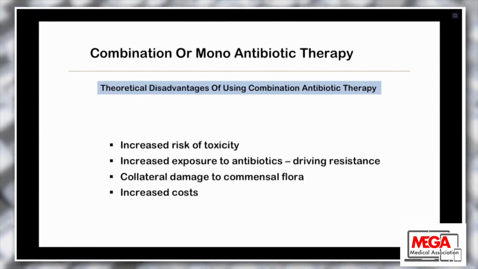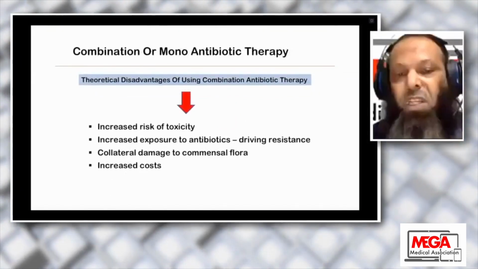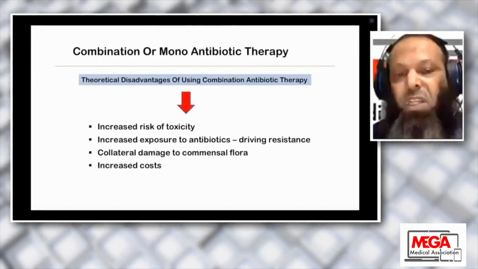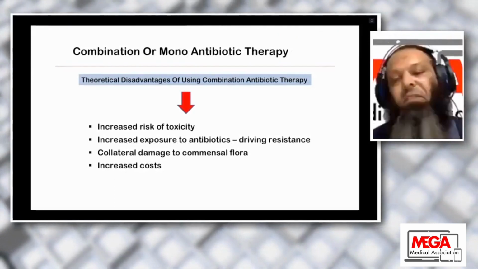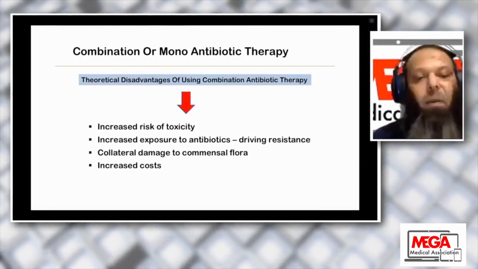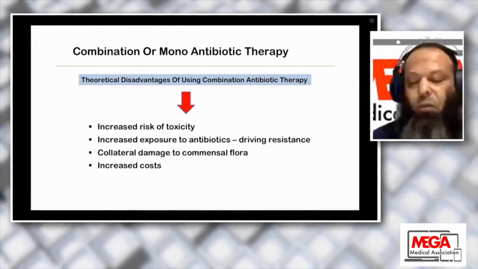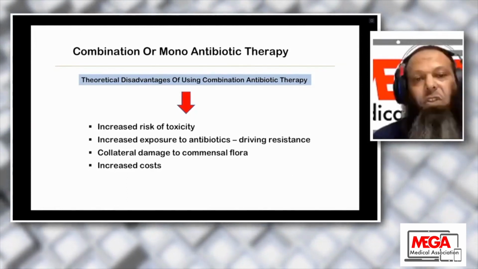But what are the theoretical disadvantages? Increased risk of toxicity, renal failure or liver failure, increased exposure to antibiotics, also driving resistance, collateral damage to commensal flora, and of course, increased cost.